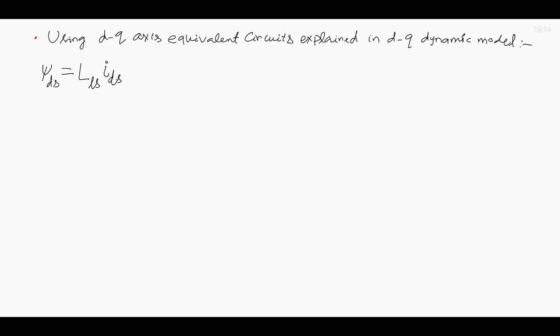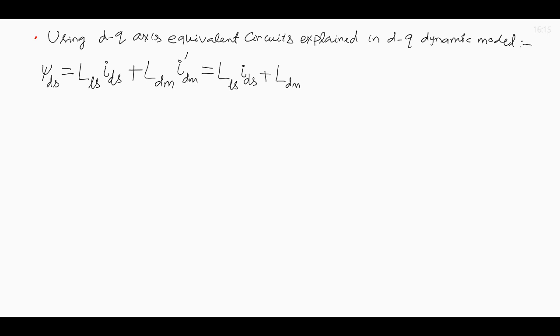This is the stator flux linkage plus LDM, mutual inductance along the D axis, into IDM dash. That is the total current that is responsible for the mutual flux. So, what is that? LS into IDS plus LDM, and what is that IDM dash?